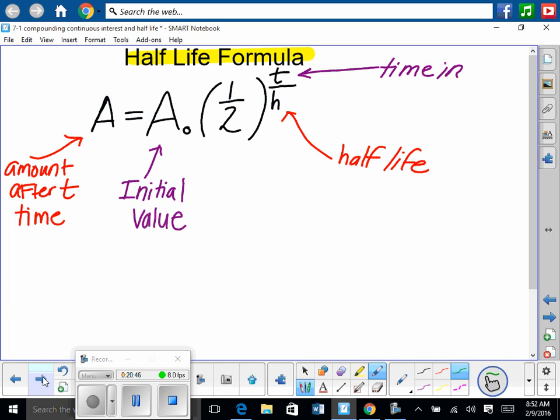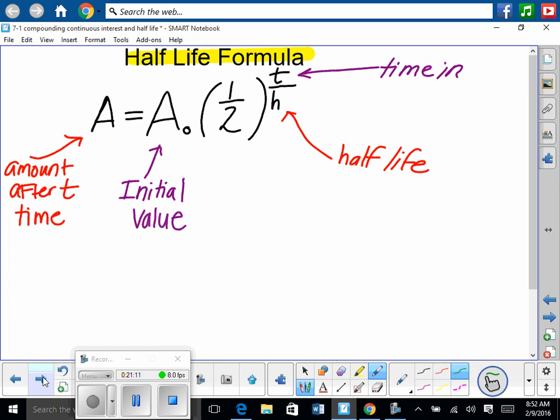Or we could write Y is equal to A naught times 1/2 raised to the t over h. A naught stands for our initial value, our initial amount, or how much you begin with. And then the 1/2 is just the factor, just like e is our factor. Does that make sense, everybody?